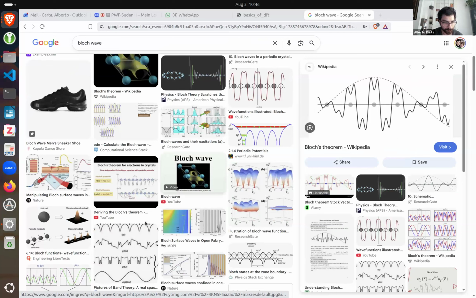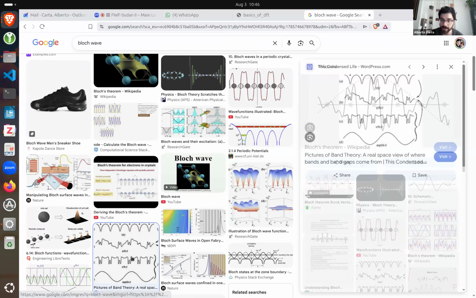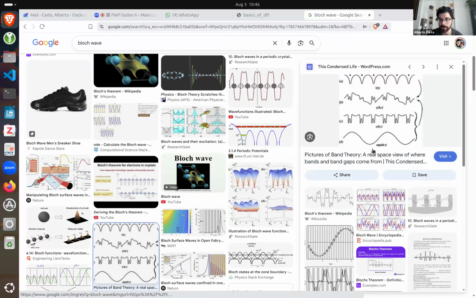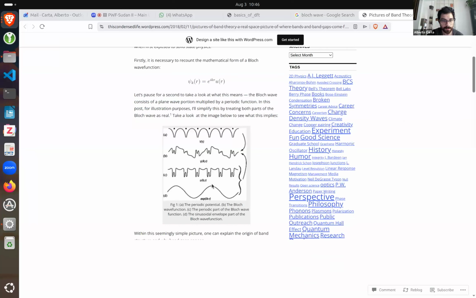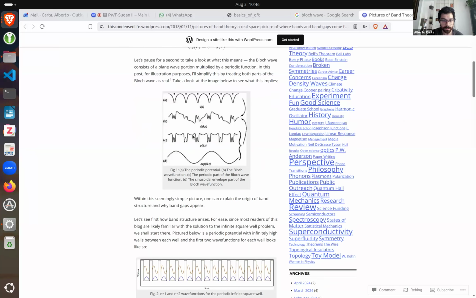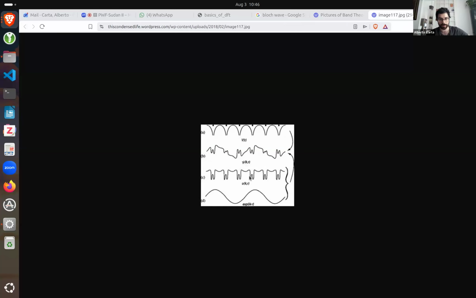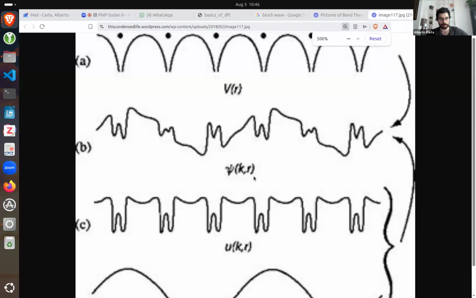Let's see if I can find another shape. Hopefully this makes it more understandable.